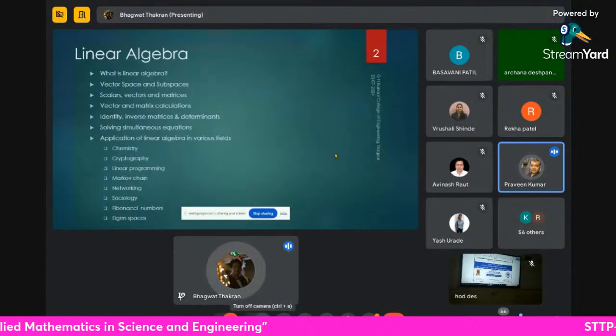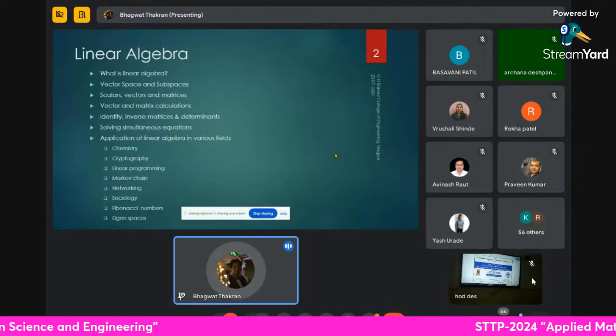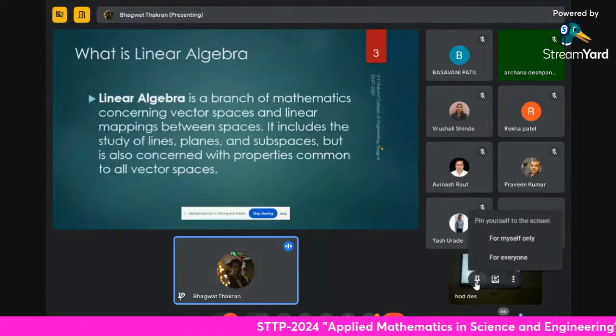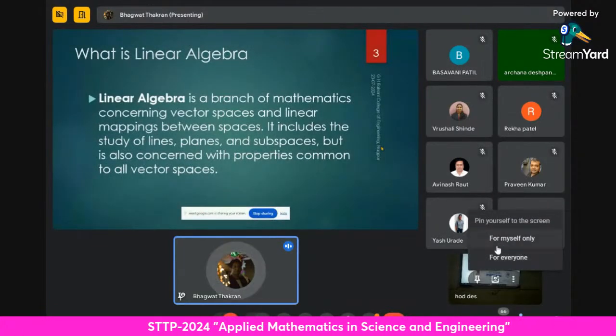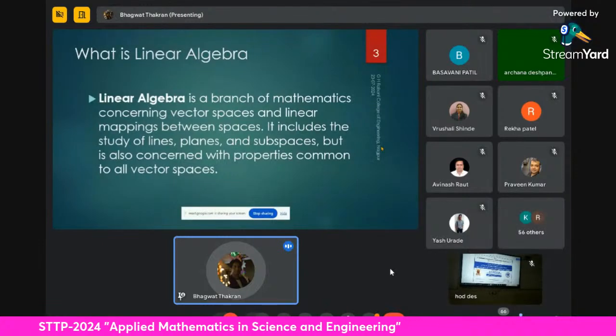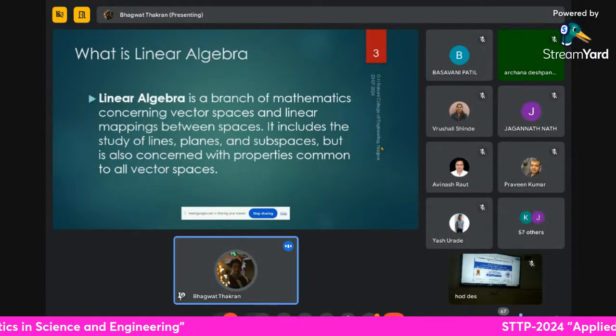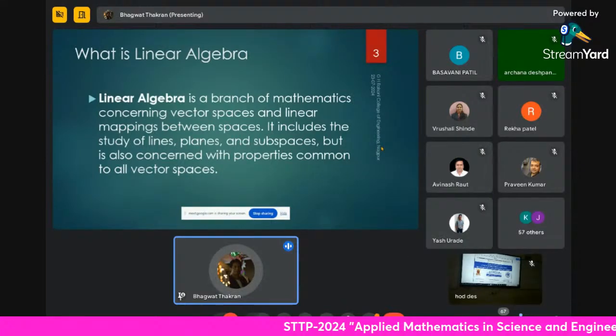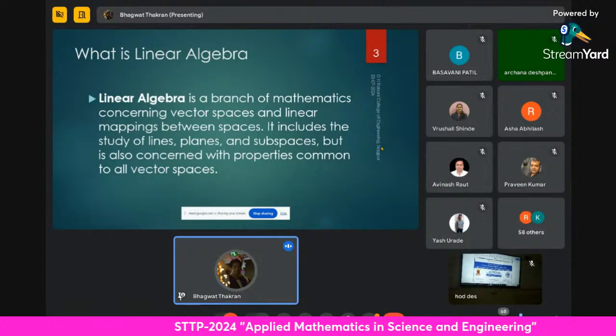So these are the topics which we are going to cover in our linear algebra. First of all, what do we mean by linear algebra actually? It is a branch of mathematics which concerns the vector spaces and the mappings between the spaces.